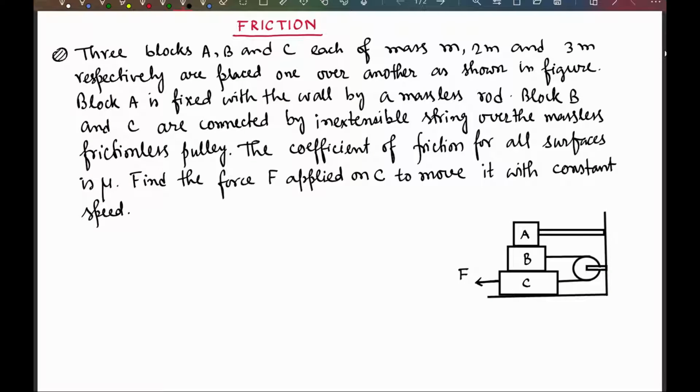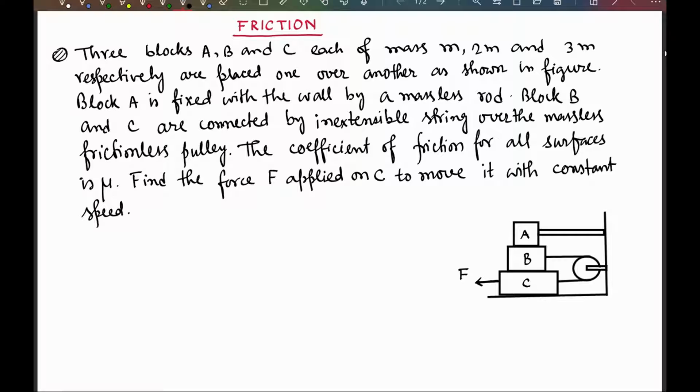Three blocks A, B and C, of masses m, 2m and 3m respectively, are placed one over another as shown in the figure. Block A is fixed to the wall by a massless rod.